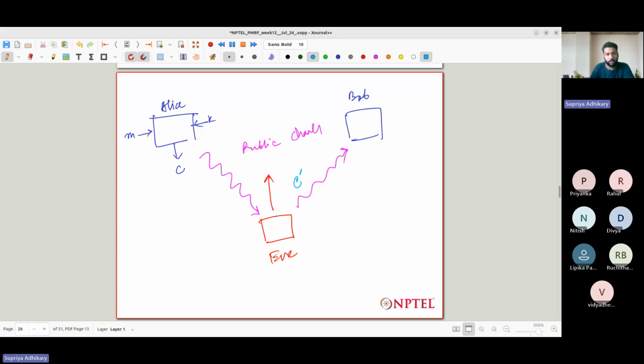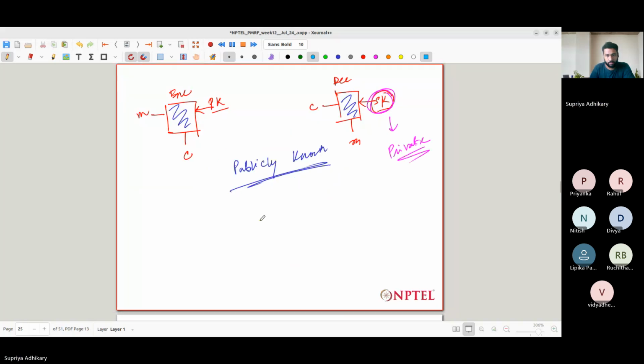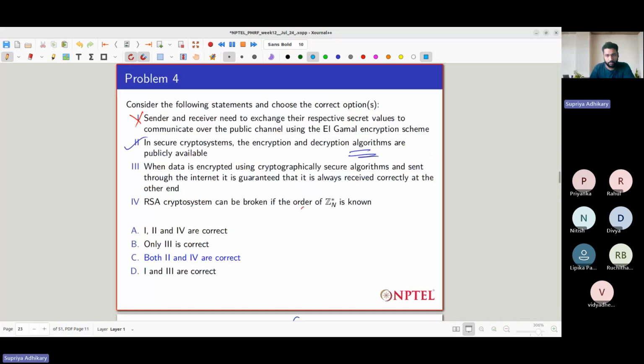But the point is that if Eve can change this ciphertext, then it is not always guaranteed that it is always received correctly at the other end. So this is not a guarantee, because the public channel is there, and it is not a secure channel.